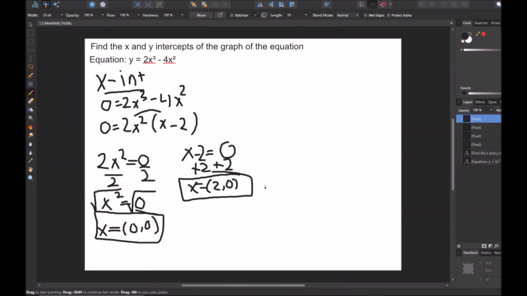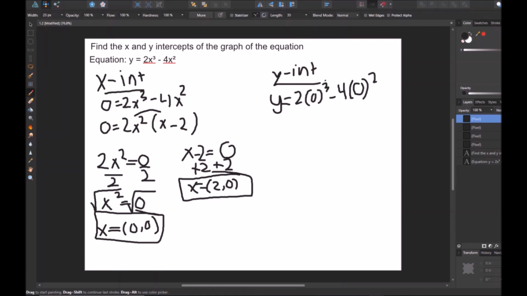For the y-intercept, we're going to do a similar thing, except once again we're just plugging in 0 wherever we see x. So y equals 2 times 0 cubed minus 4 times 0 squared. Well, 0 cubed is 0, because you're saying 0 times 0 times 0.